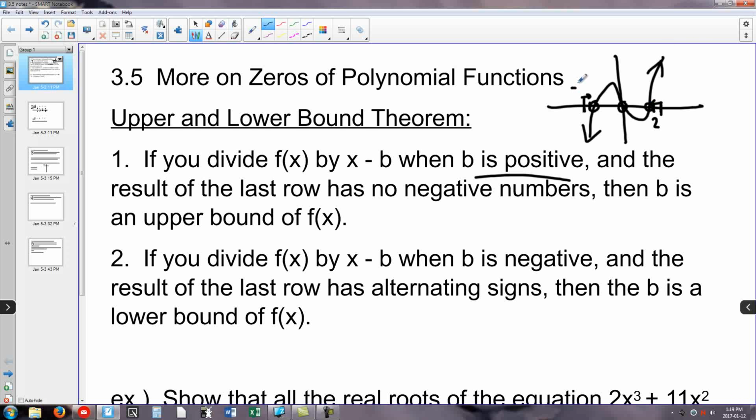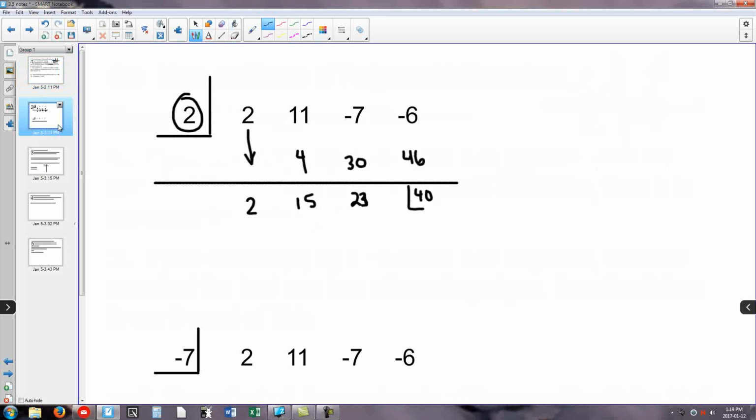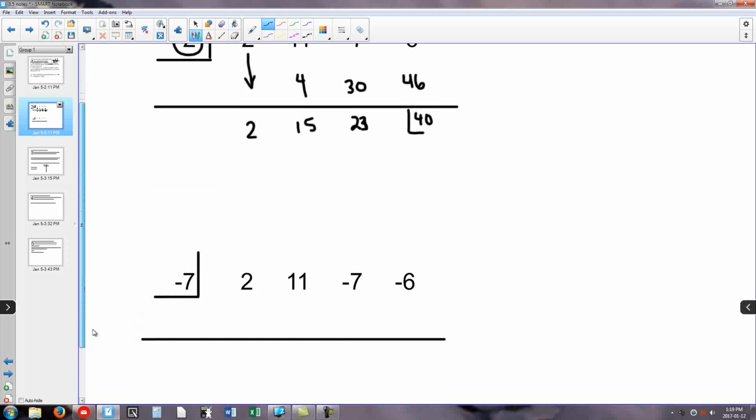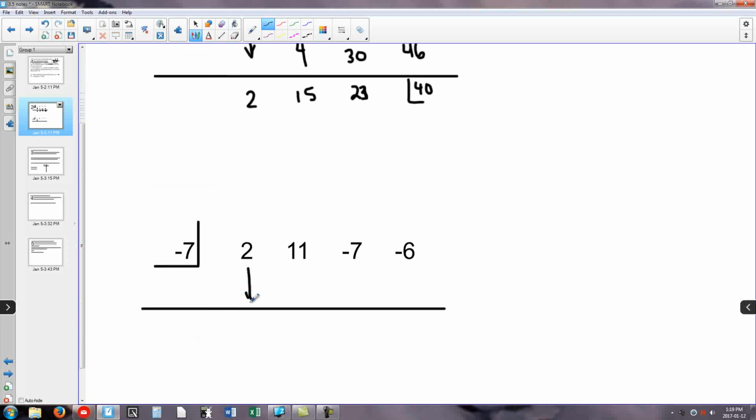Now we're going to test to see if negative 7 is on the left. We have to use a negative for this left side. So we're going to use our negative 7, and if we put the 2, that's negative 14, becomes negative 3, that becomes 21, that becomes 14, becomes negative 98, and that's negative 104.